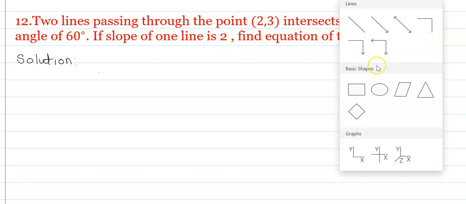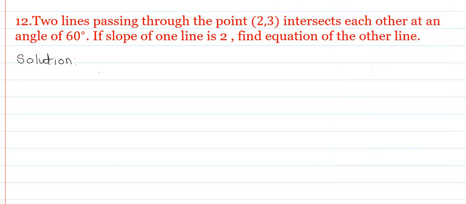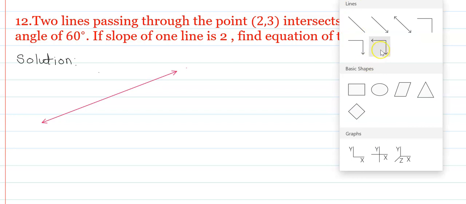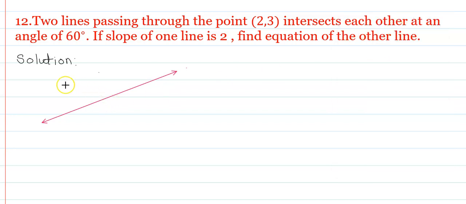Now see, these lines are, suppose that this is the first line and this is the second line. These two pass through the point 2, 3. Okay, they intersect each other at the point 2, 3.